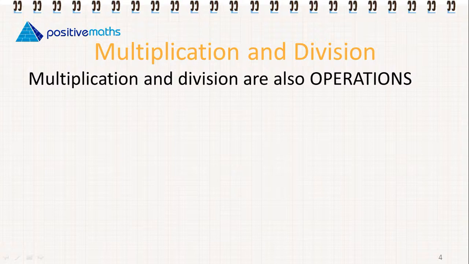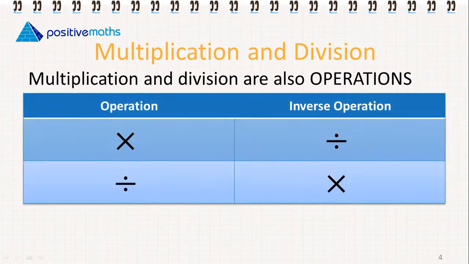Now on to multiplication and division. These are both also operations. So there are 2 more operations that we can perform on numbers. If multiplication is the operation, the inverse is going to be division. If division is our operation, the inverse is going to be multiplication.